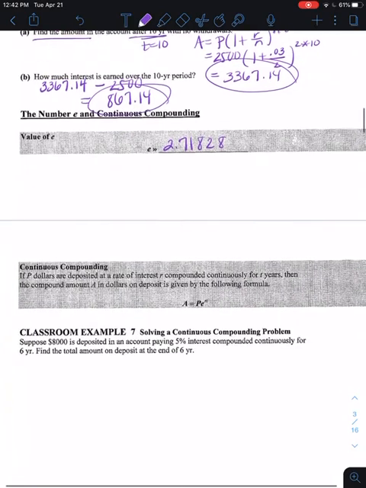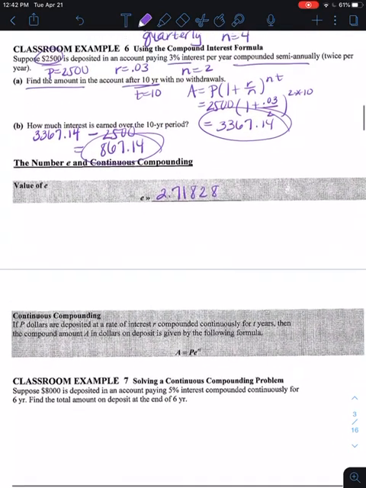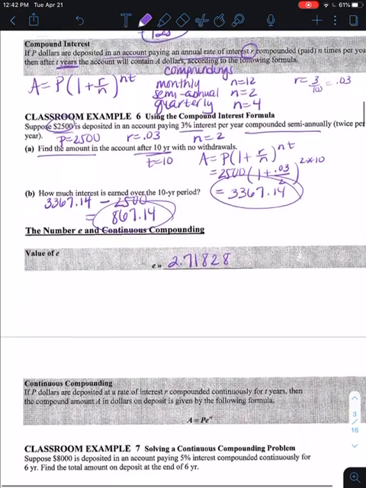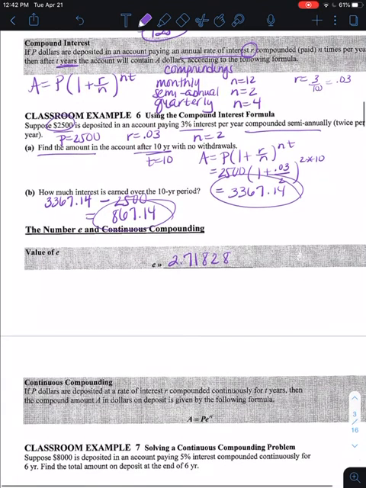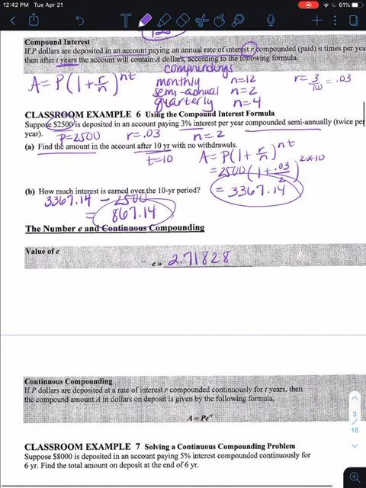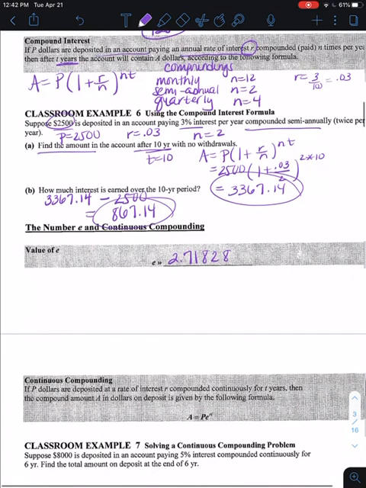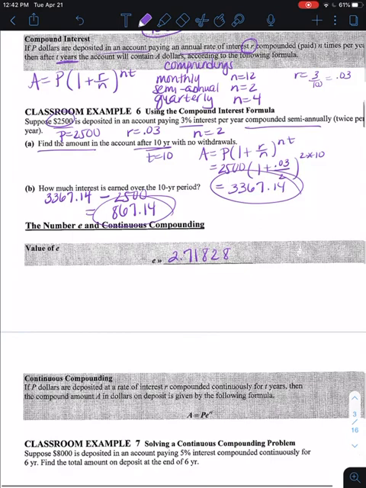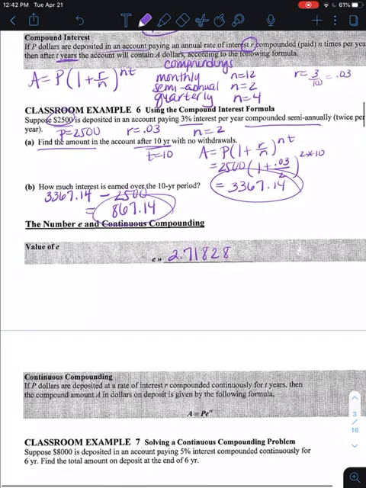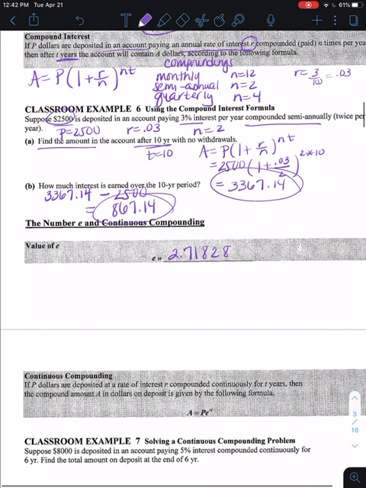So that brings us to continuous compounding. I just introduced the compound interest formula. That's the formula you're going to use when they say compound interest, with the different values of compounding. Now, if you see the word compounded continuously, you have to use a totally different formula.